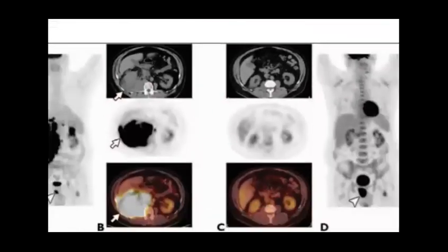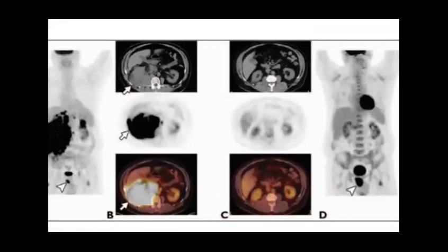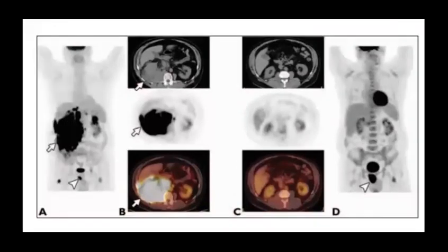Okay. So let's describe this retroperitoneal lesion, which involves the kidney itself, and as you see here, it goes on to involve the adjacent bones, the ribs.